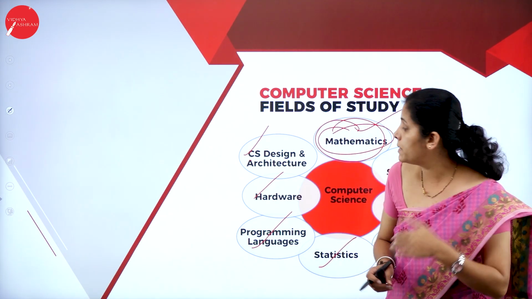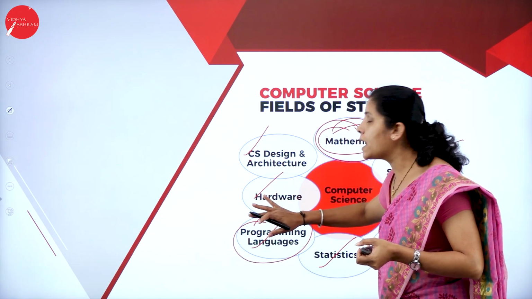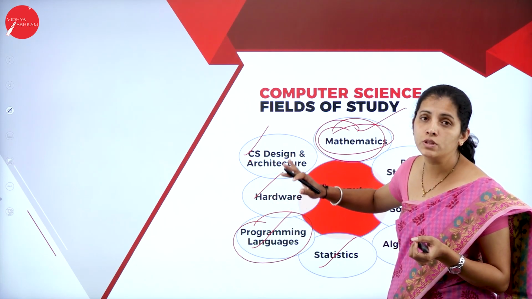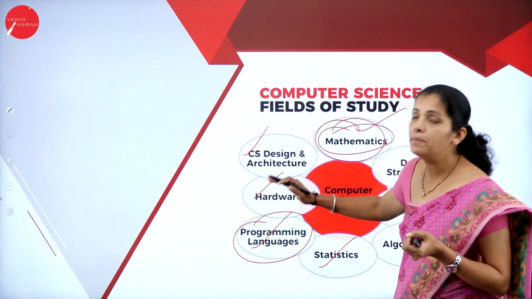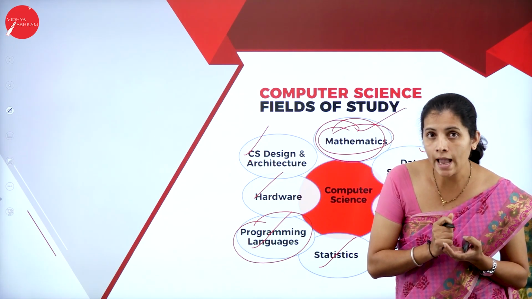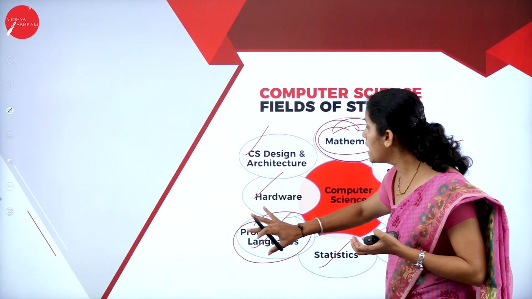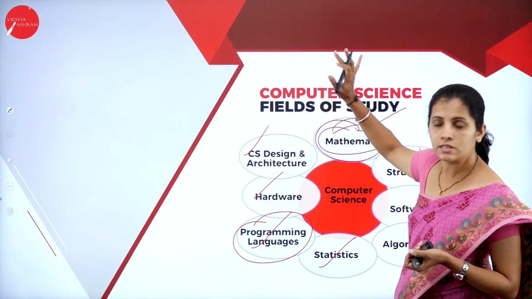So that is written by using a programming language. So the programming language is also a study of computer science. In programming languages, we are going to have a variety of programming languages. So here the programming language is a study of computer science.